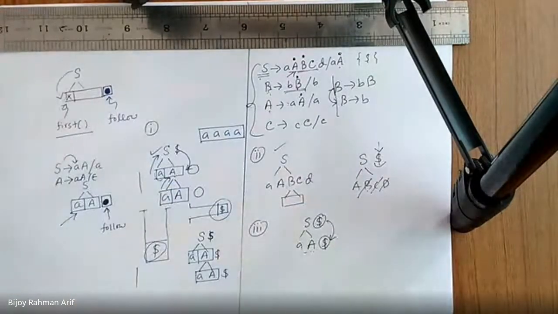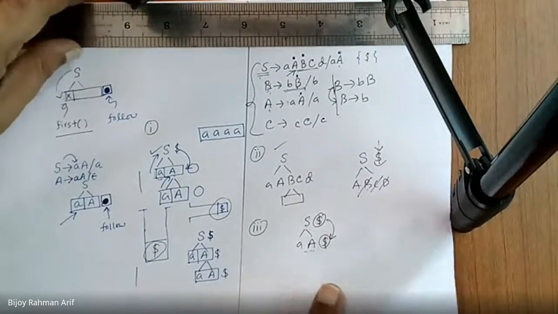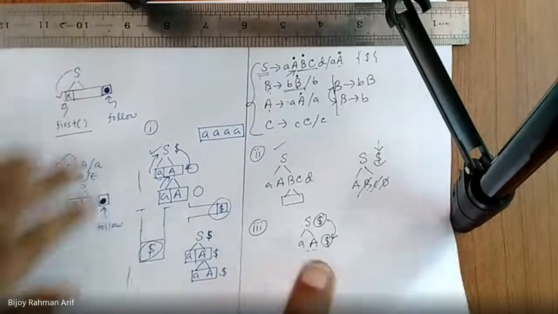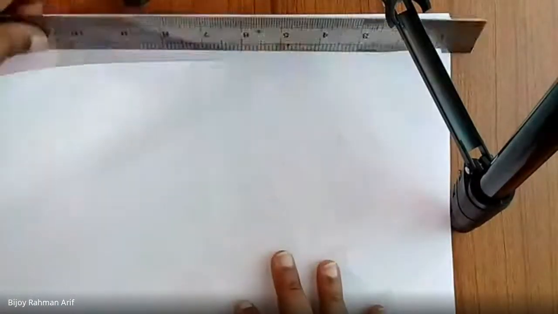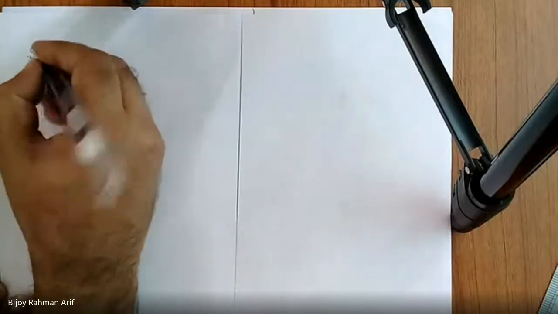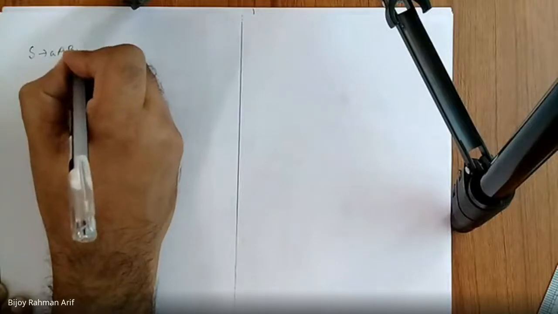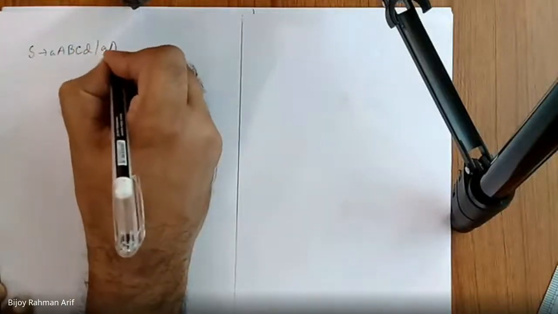So let's take this example and try to find out the follow. So what are the productions? S derives small a, capital A, B, C. S derives capital B, capital C, small d, small d, then small a.